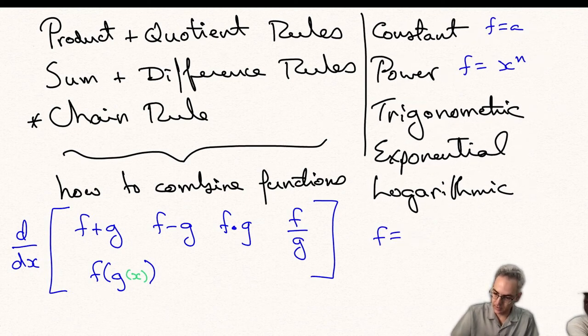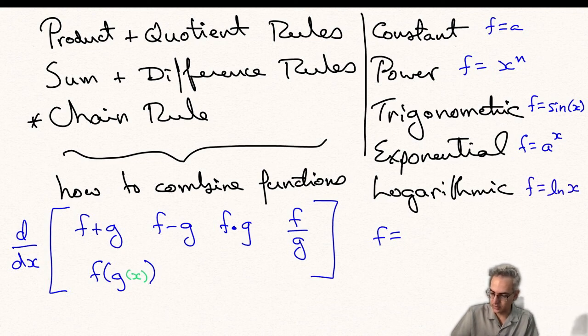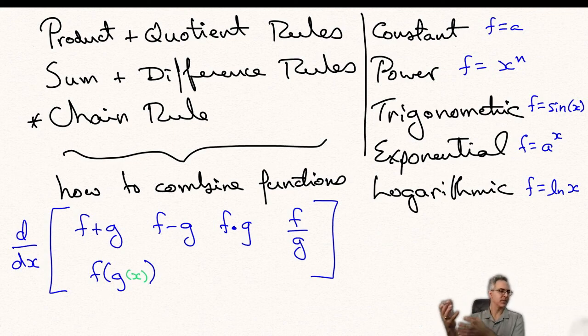There we go. So here, f is sine of x. Exponential would be, well, we won't make it e yet, but we'll say a to the x. And logarithmic is f is the log of x. So in a sense, the ones on the right are about, if I give you an actual function, what is actually the derivative? You need the ones on the right.